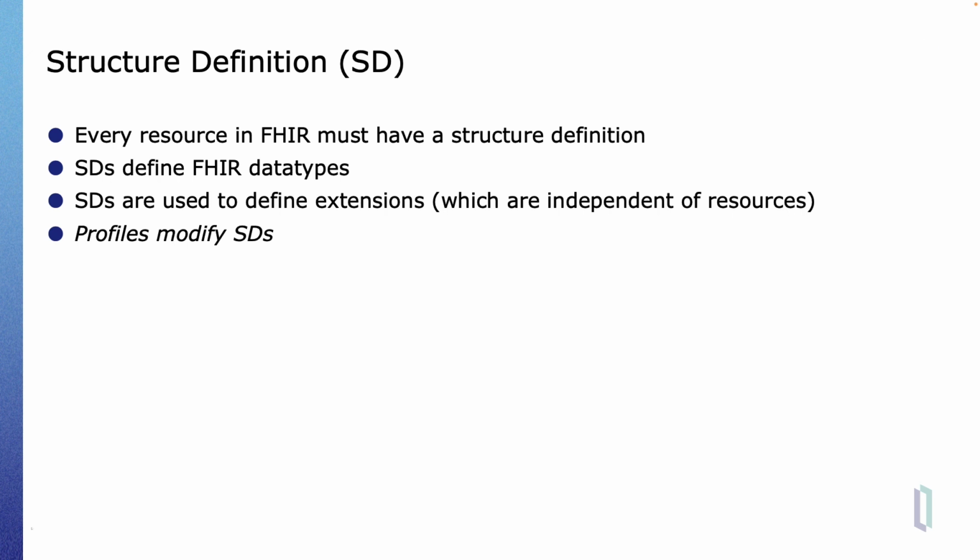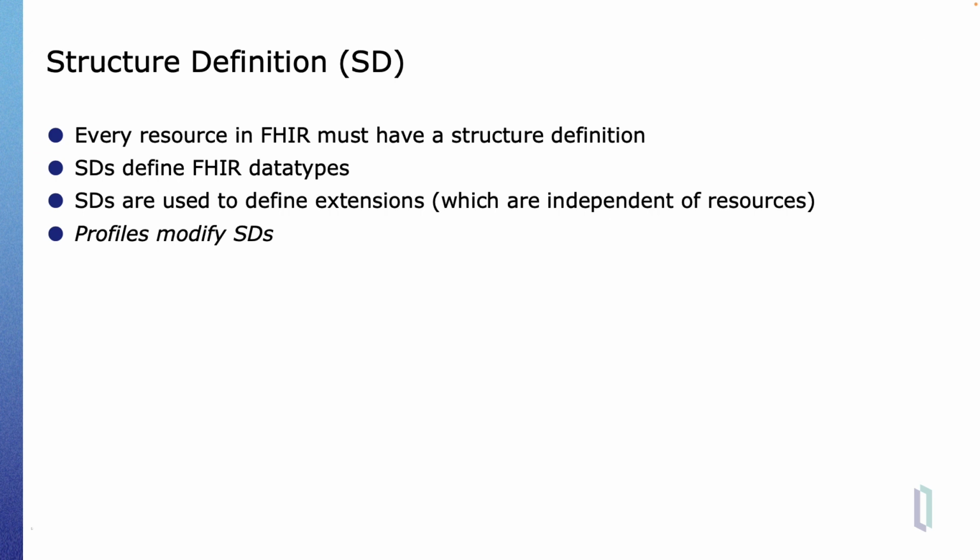You have data types. Structure definitions define the data types that can be used with a resource's elements. FHIR provides a range of data types such as strings, dates, numbers, and more. And structure definitions specify which data types are appropriate for each element. We also have value sets. Structure definitions can reference value sets, which are used to define the allowed values for coded elements. This helps ensure that the data being exchanged conforms to standardized terminology and code systems.